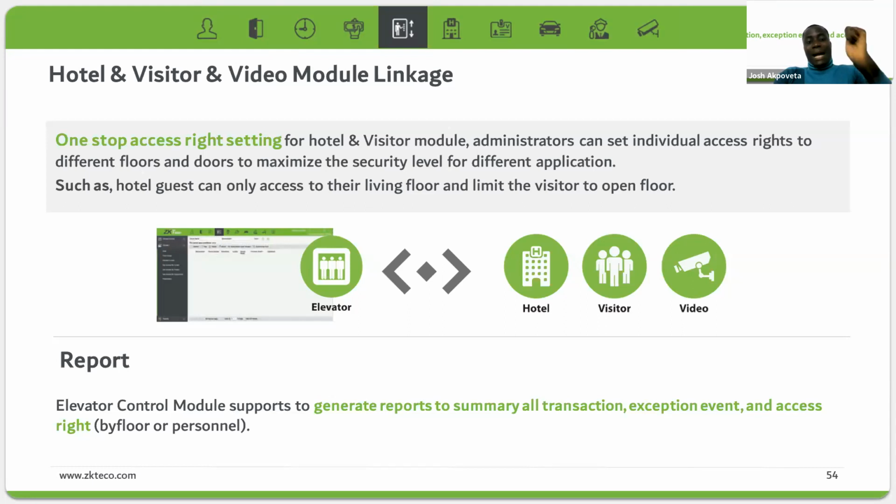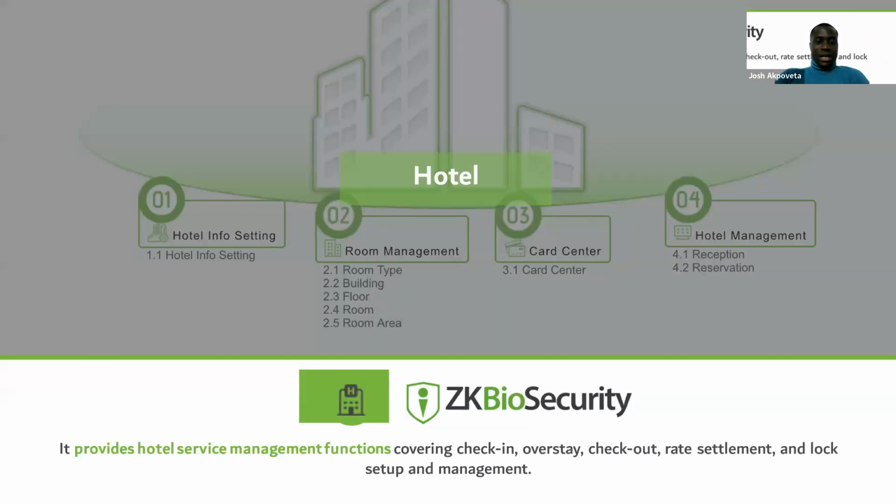So if, for example, I badge in my card and I don't have access to that floor, I cannot use the elevator because the lodge I've perhaps booked is not for that elevator. So if I'm meant to be in the left wing and I went to the right wing and badged my card, the elevator would not work for that card. These are other integrations you can do with biosecurity.